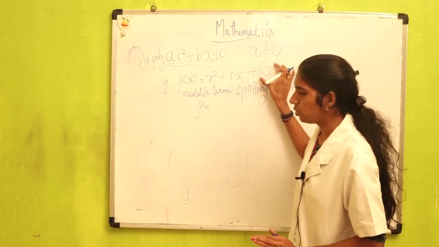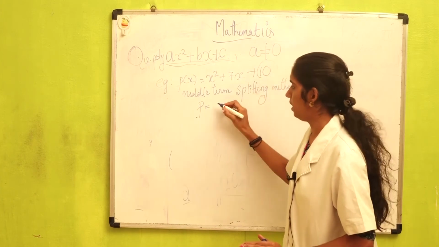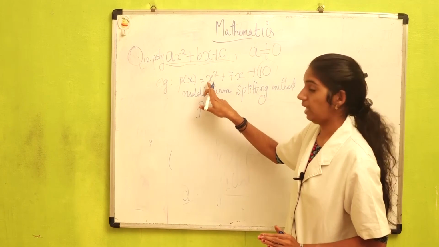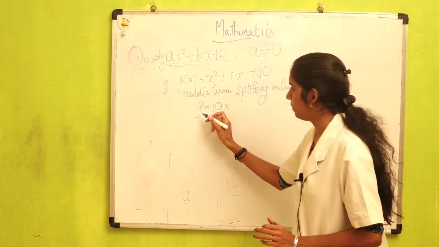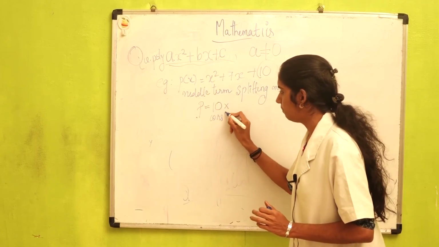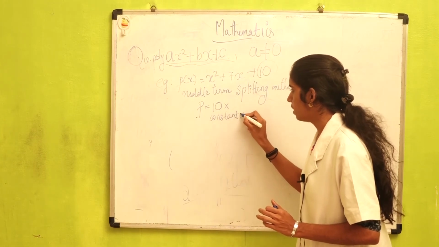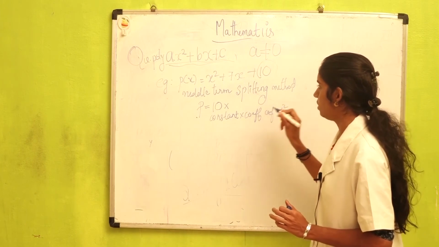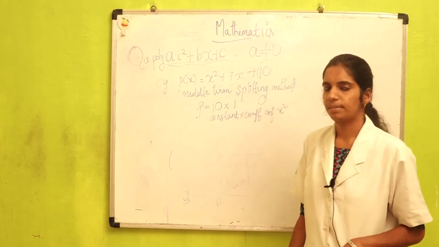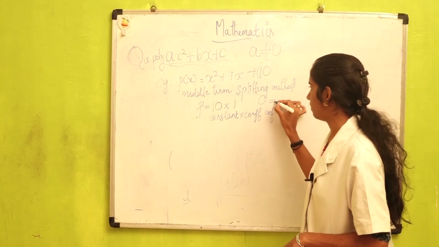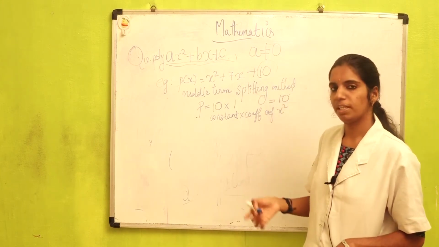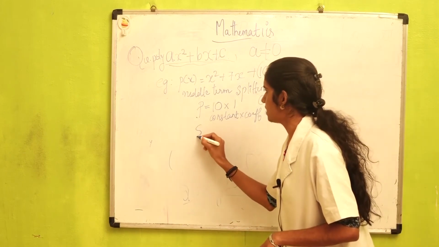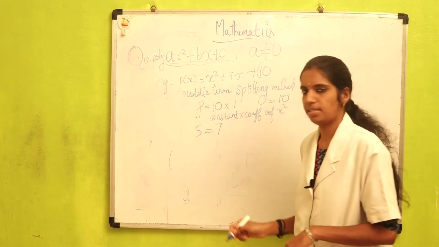So the product is the constant term into the coefficient of x square, that is 10 into 1, which is 10. And the sum is here 7.